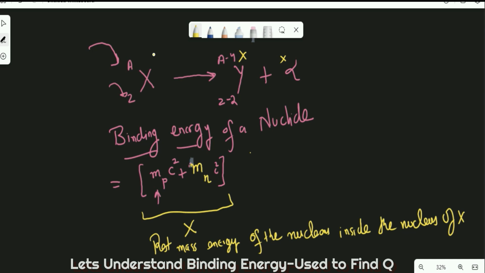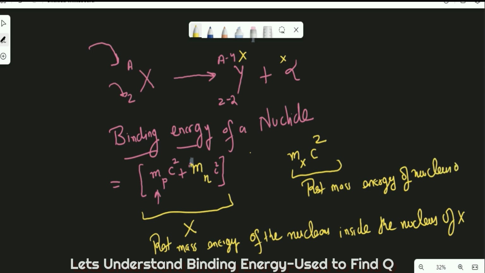Let's say the mass of X nucleus is mx, and again converted to mass energy. So now this is the rest mass energy of the nucleus of X. So you have done two things.